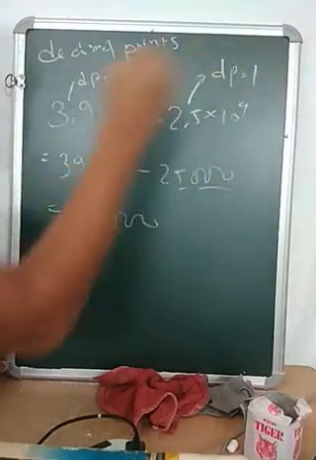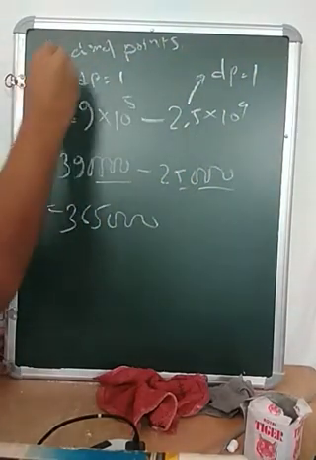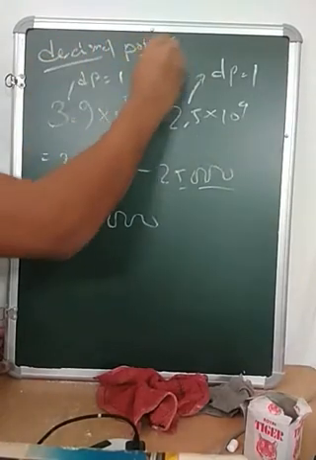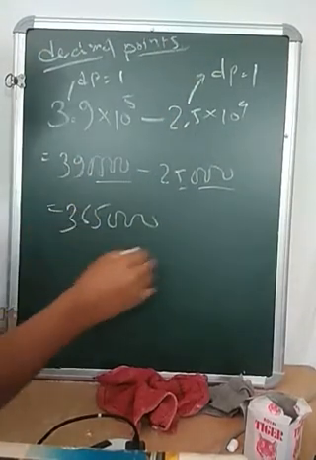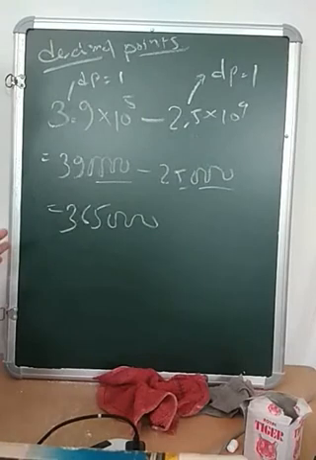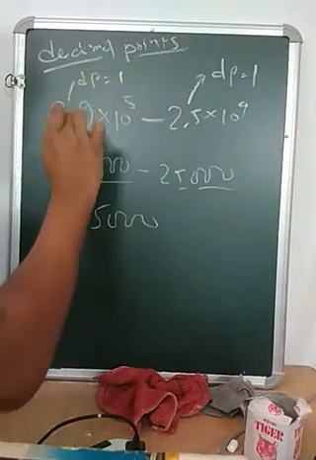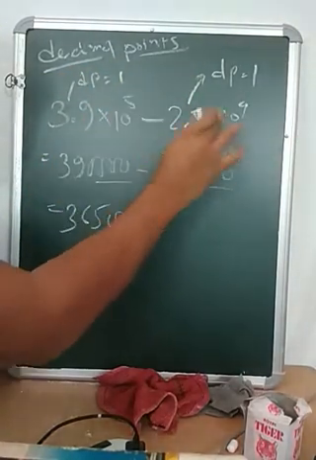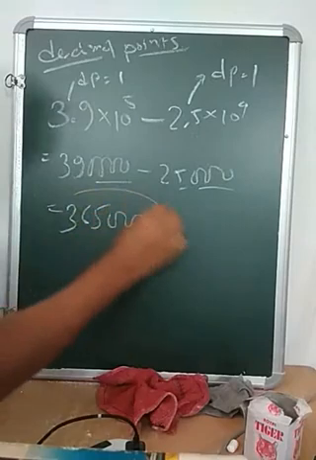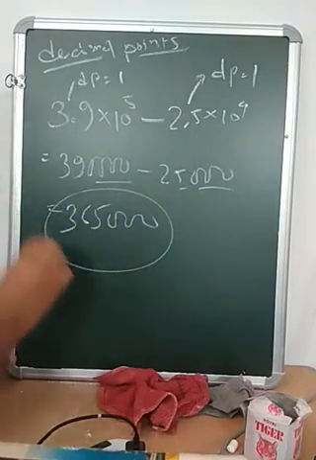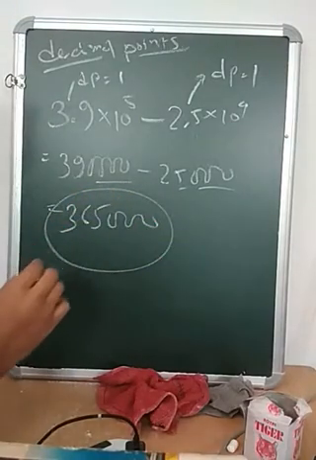Decimal point 1. So the rule for subtraction and addition says the result must contain as many decimal points as there are in the number with the least decimal points. So here both the numbers have the same decimal point. This is 1 decimal point, this is 1 decimal point. So this result must also contain 1 decimal point.